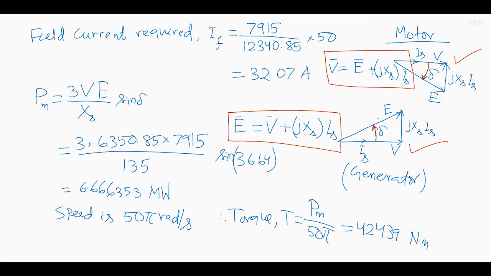And when you relate V and E, we always take V as the reference phasor and the induced EMF phasor. For motor, E equals the magnitude of the induced EMF, and because the cause is the applied voltage which is the reference phasor, the effect is the induced EMF phasor.